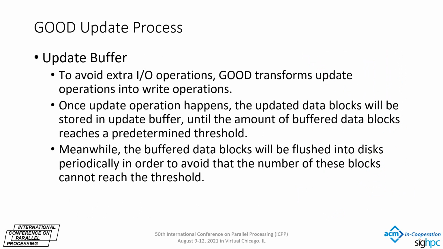Once an update operation happens, the updated data blocks will be stored in the update buffer until the amount of buffered data blocks reaches a predetermined threshold. Meanwhile, the buffered data blocks will be flushed into disks periodically to avoid the case that the number of these blocks cannot reach the threshold.